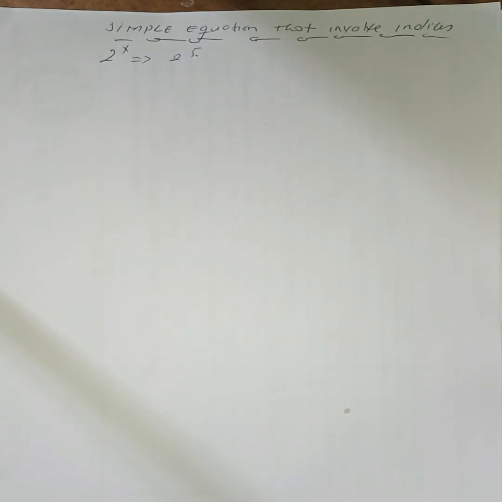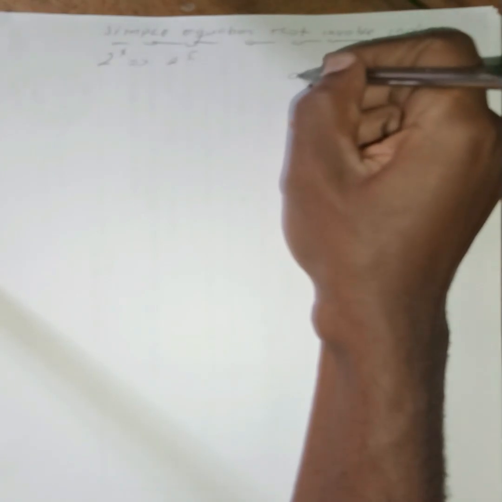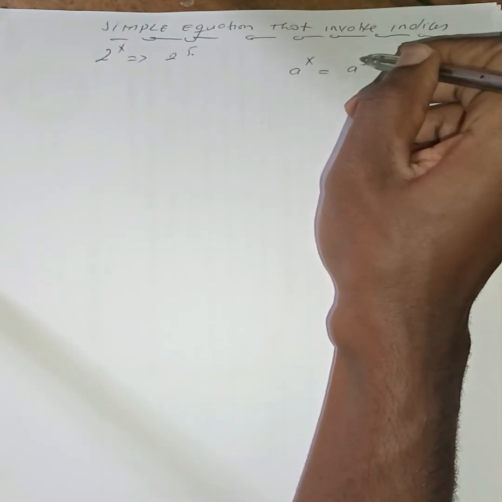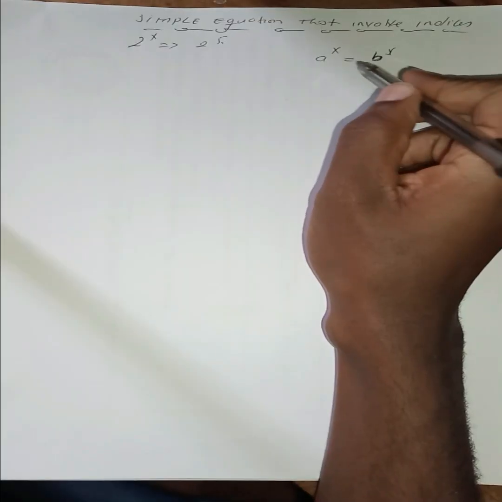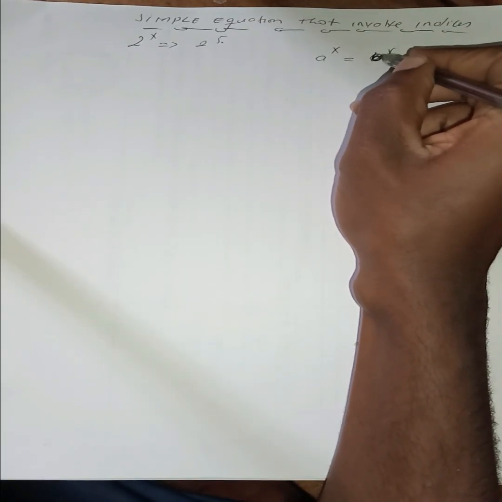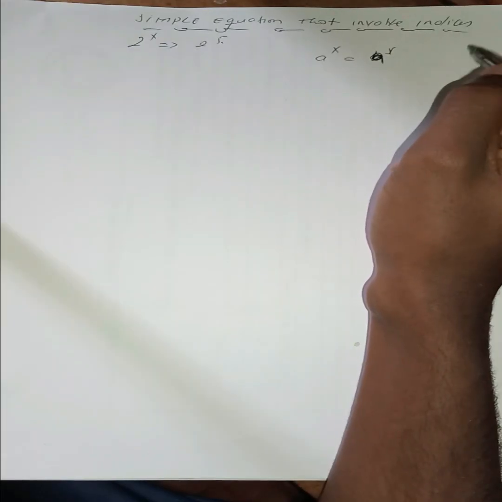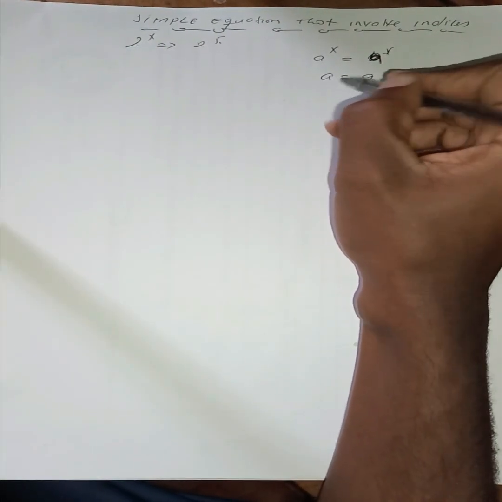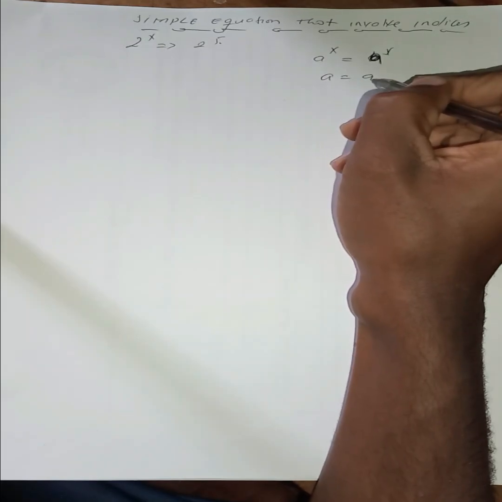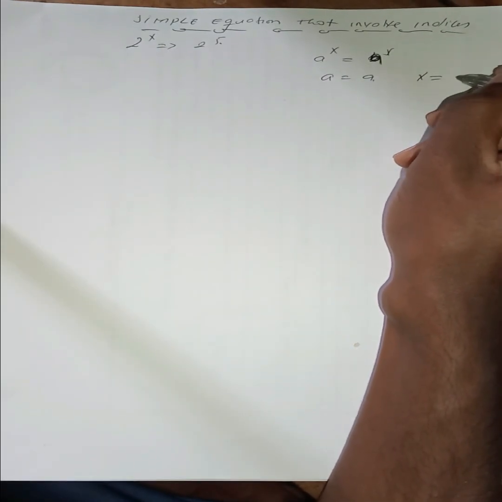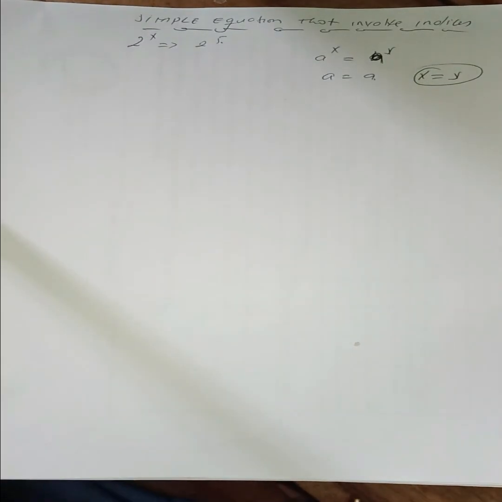What do you understand here? When you have a power x equal to a power y, here a is equal to a, meaning the bases are equal. This means x is equal to y, okay?